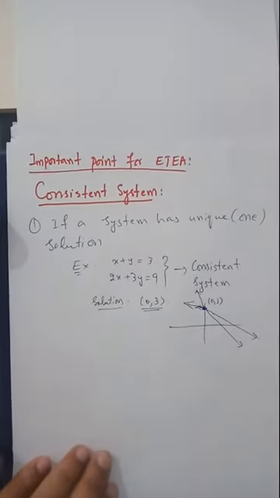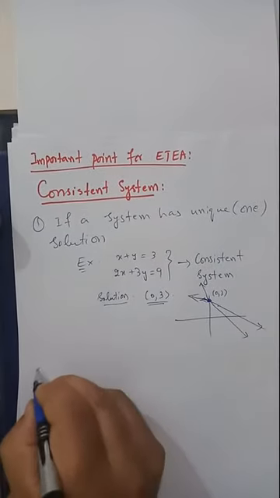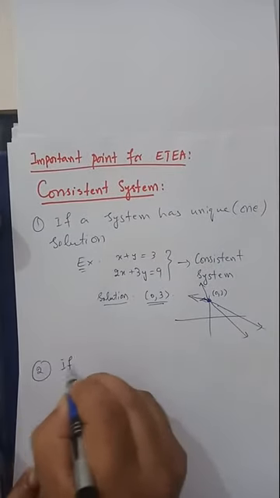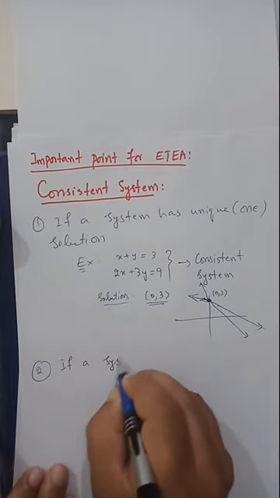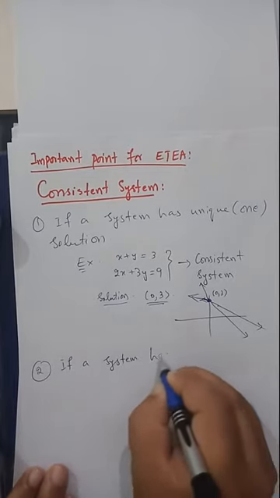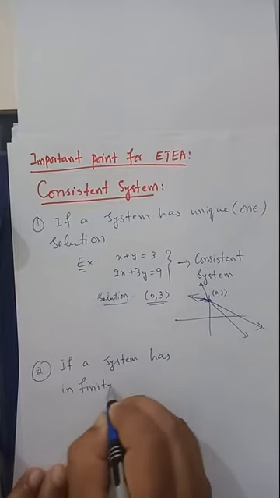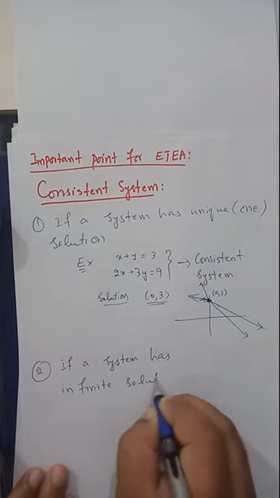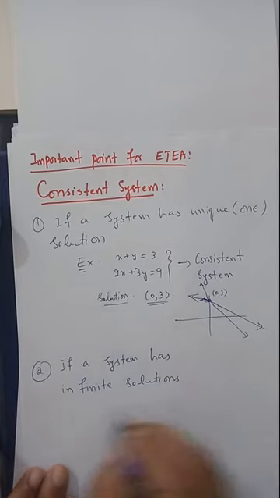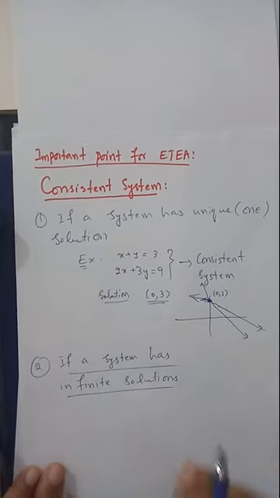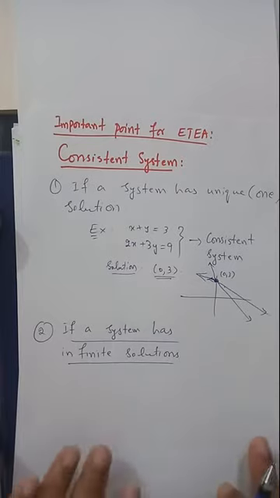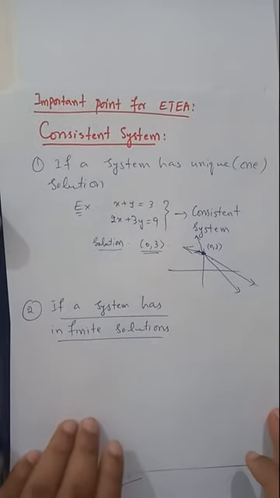Now second, if a system has infinite solutions, that system is also a consistent system. What is an example of that?